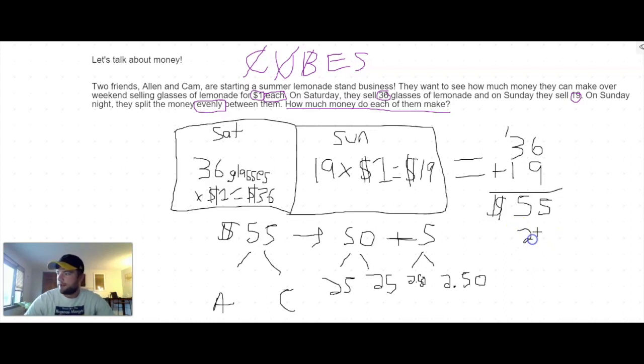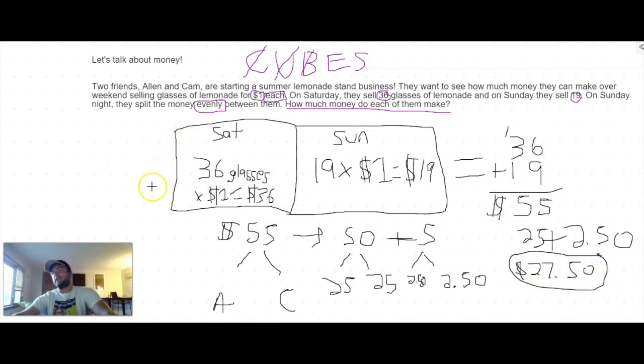So 25 plus $2.50 is $27.50. And each of them is getting $27.50. So now we've evaluated and we've solved, but part of the S is checking our work.